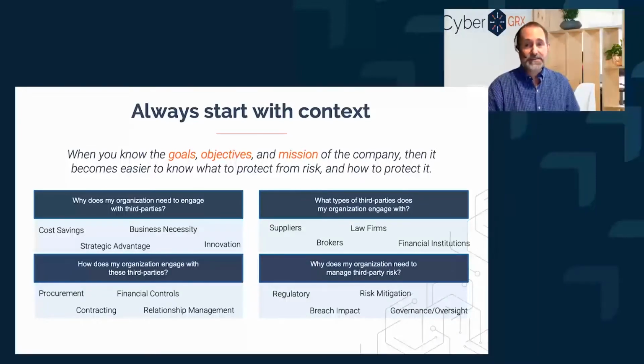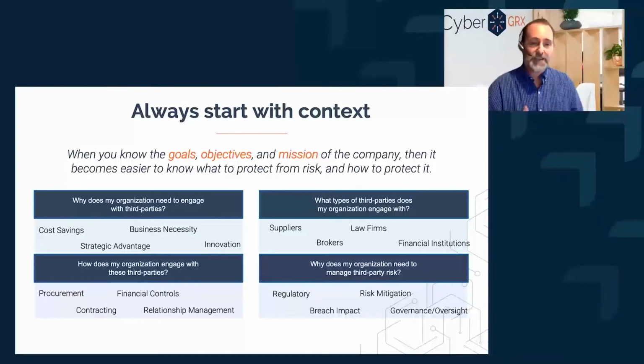It starts with context. You need to understand your business objective is where you want to start in understanding your exposure and developing a strategy on how to mitigate the risk. Some of these may seem like simple questions, but establishing this up front is a foundation of any good program. From an internal reflection, based on the goals, objectives, and missions of the company, why do you need to use the third party?